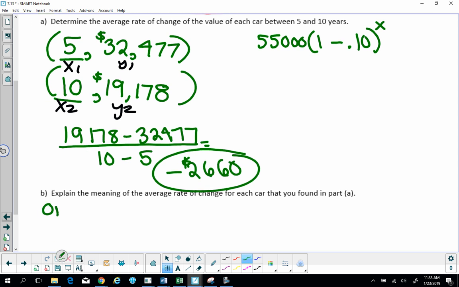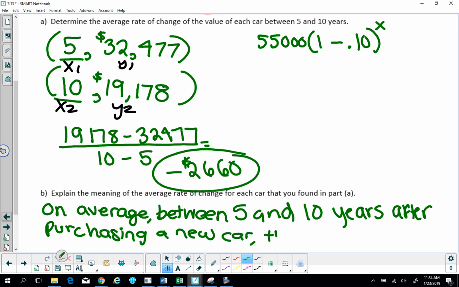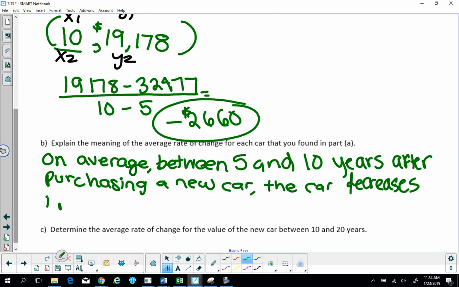It means on average, between 5 and 10 years after purchasing a new car, the car decreases in value by, per year.